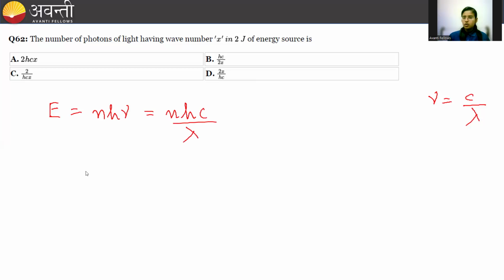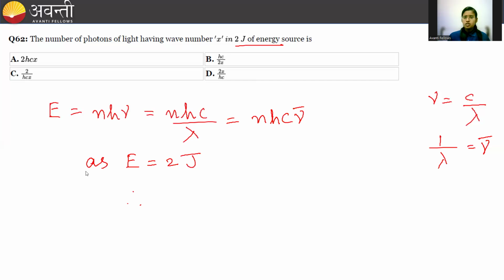And also we know 1 by lambda is equal to nu bar. So instead of 1 by lambda, I can substitute nu bar. From that I will get N h c into nu bar. Nu bar is the wave number. And from the question, the energy value is given as 2 joule.